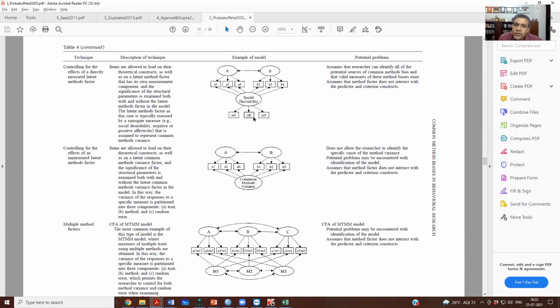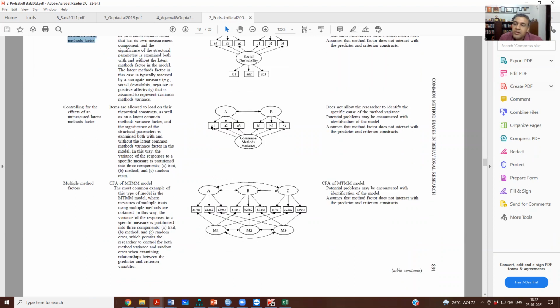I just showed you social desirability, right? So you should model it like this. You have collected data on the 3 items of social desirability, and you have also loaded social desirability, so it is controlling for the effects of a directly measured latent methods factor. Otherwise, if you have not measured social desirability, it is controlling for the effects of an unmeasured latent methods factor.